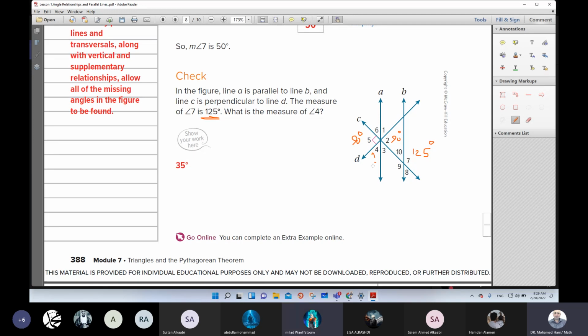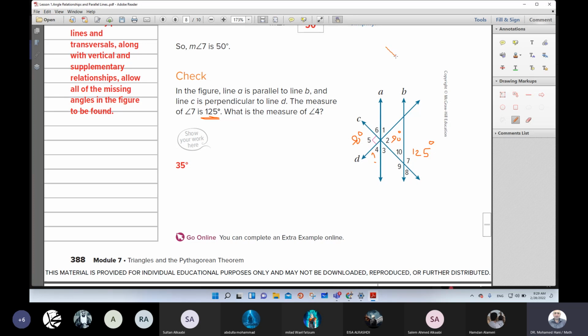Mister, it's 45. Why 45? Mister, because if we add 90, which is angle 5, and 6 and 4, we should divide 90 over 2, so we get 45. Why do you divide 90 by 2? Mister, to get 180.